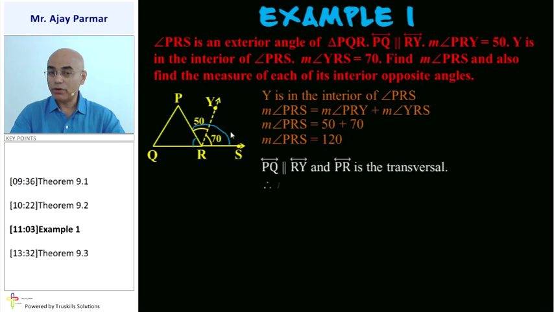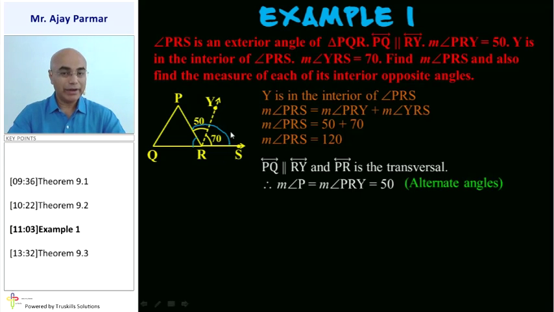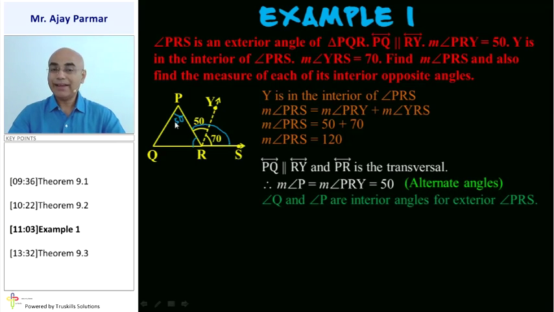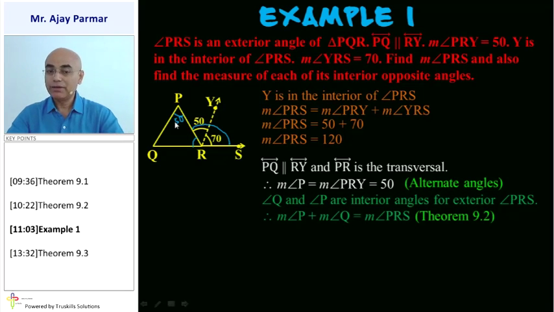And therefore what do we know about the alternate angles? Angle P will be exactly the same as angle PRY, and therefore this angle is also going to be 50 because of alternate angles. Also angle Q and angle P are the interior opposite angles for angle PRS, and therefore measure angle P plus measure angle Q will be the same as measure angle PRS.